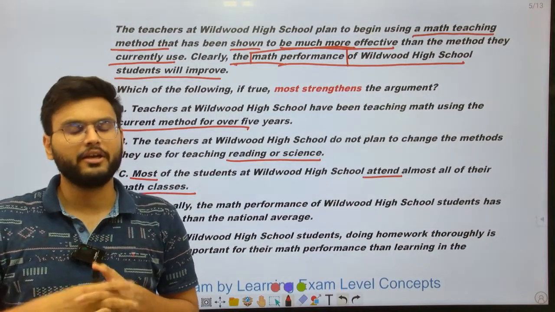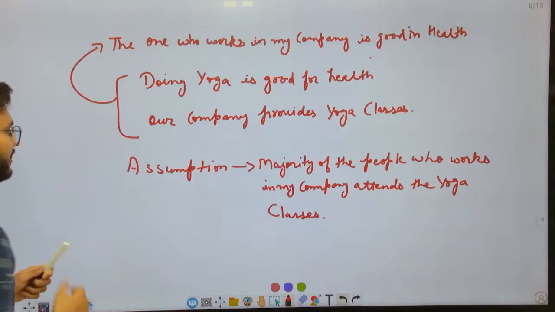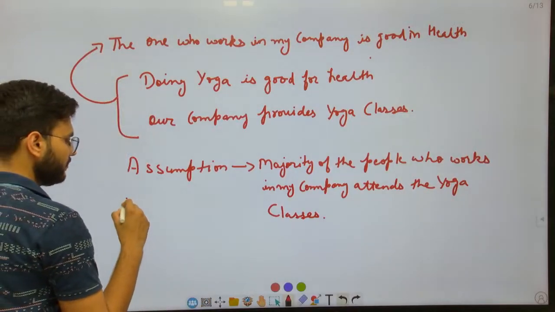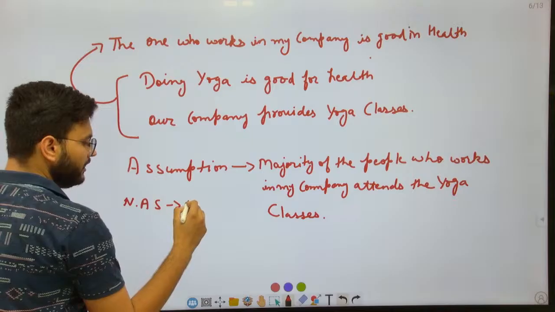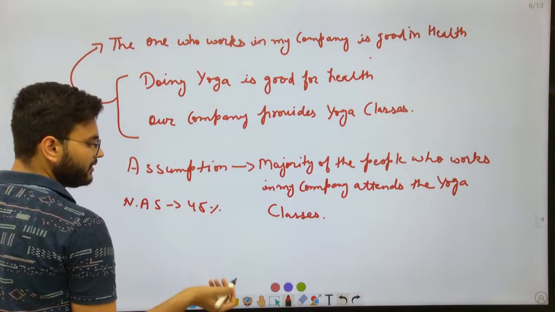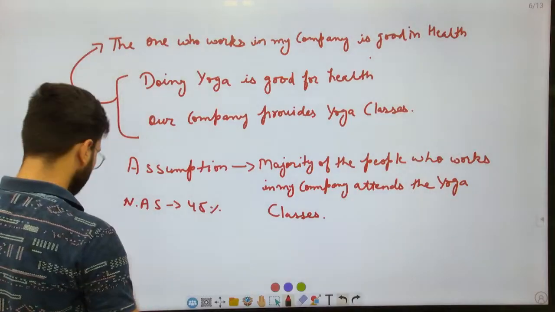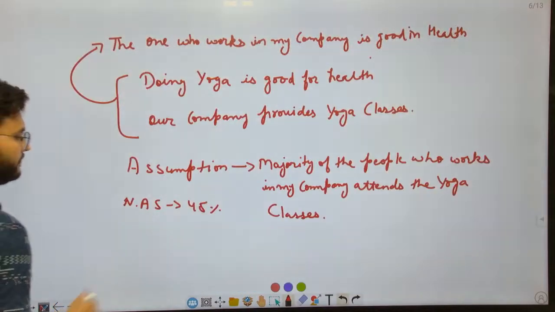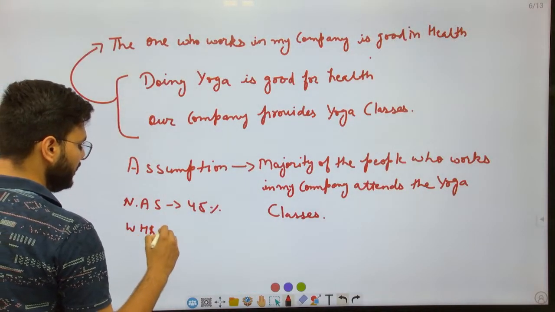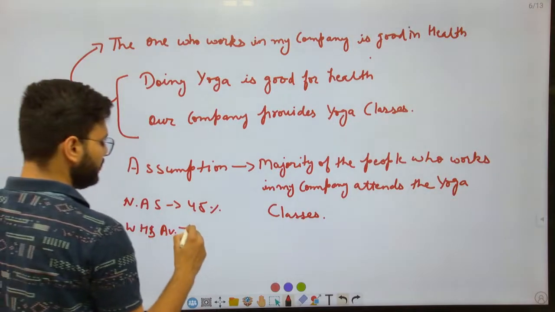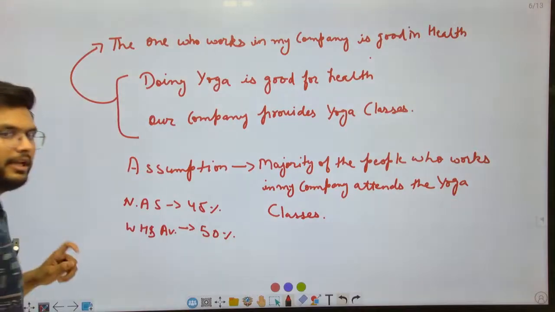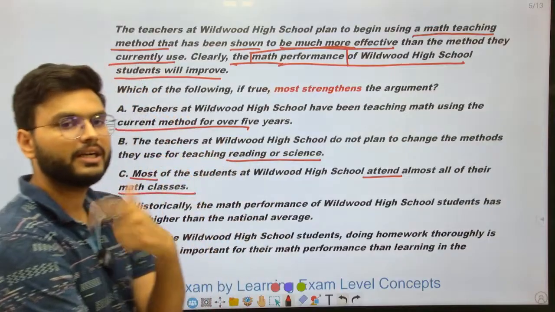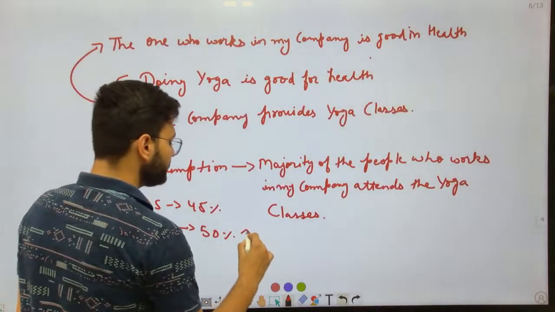Let me say the national average score is 45%, and our Wildwood High School's average is 50%. Now implementing the more effective approach can improve this 50% also.